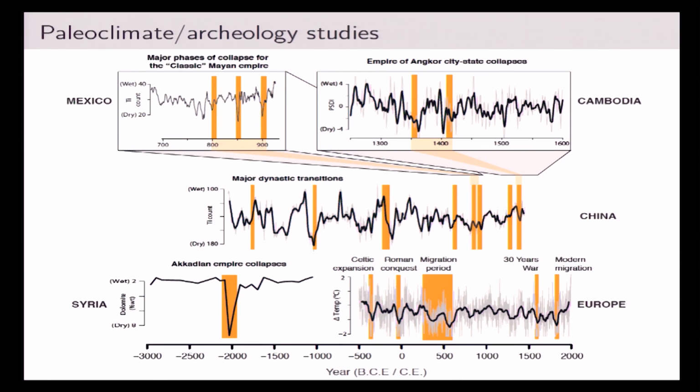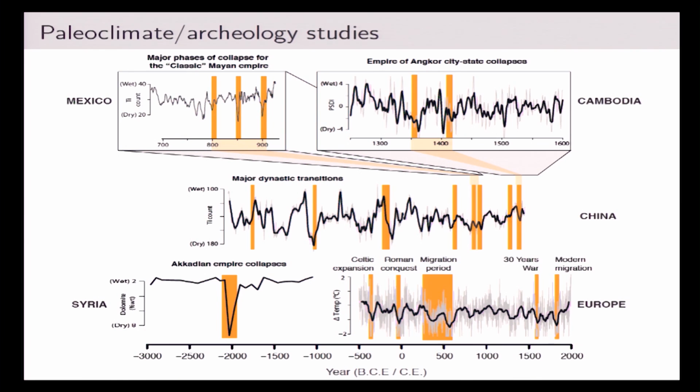Okay, so each vertical orange bar represents a period of either major social conflict or social upheaval. For example, in the middle panel, by reconstructing the strength of the monsoon in China, it was pointed out that almost all Chinese dynasties collapsed during dry periods, sustained dry periods, and that no new Chinese dynasty was able to consolidate political power until the climate shifted back to its wetter state.